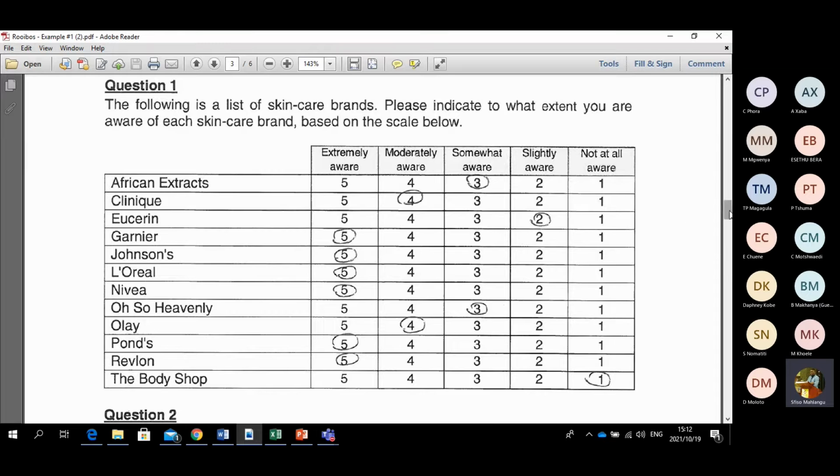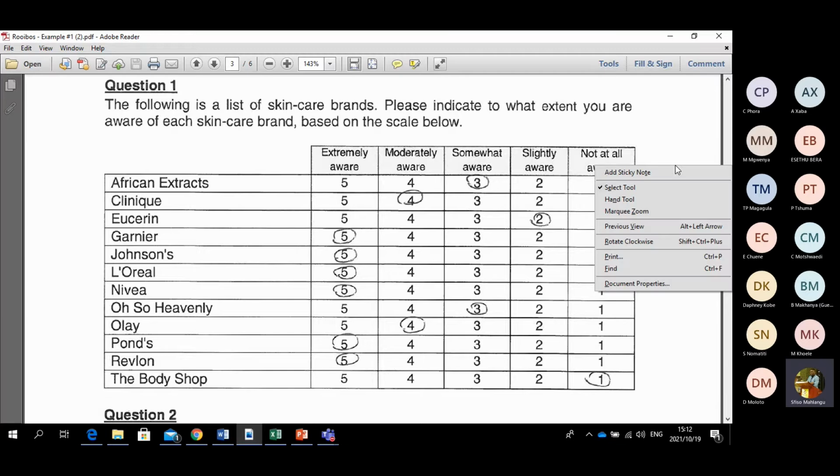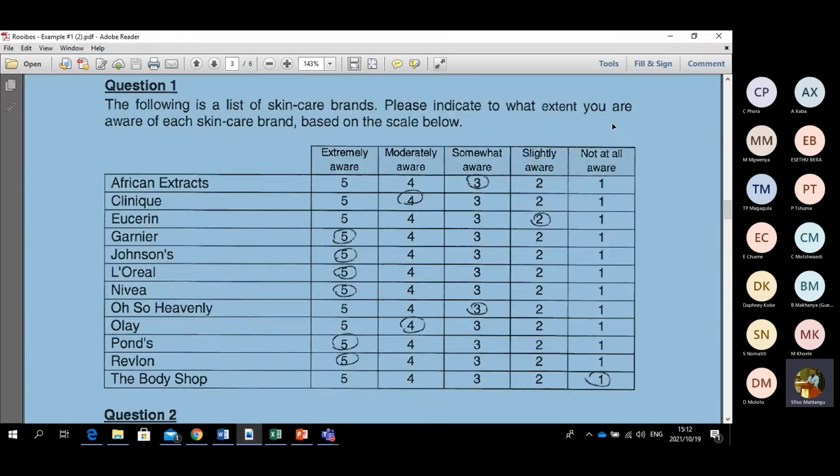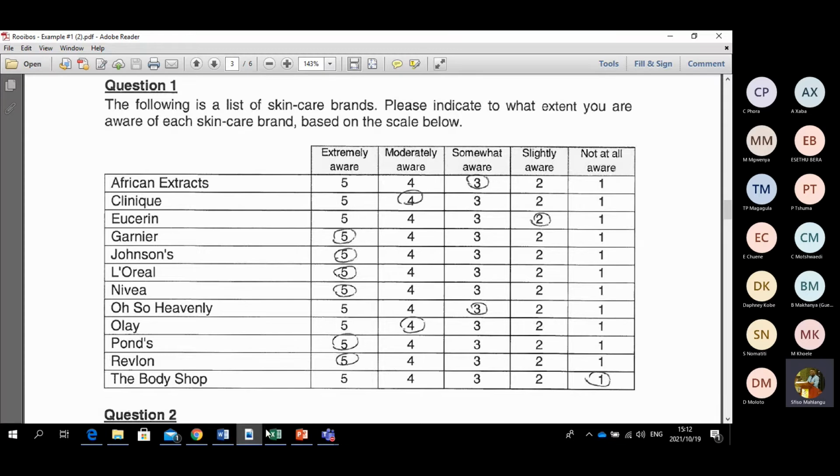But let's talk about a situation whereby it's impossible for you to actually do pre-coding. I also want to illustrate to you something that is going to be useful here. When we talk about your research proposal, we talk about all those data collection methods that you have under the research proposal.